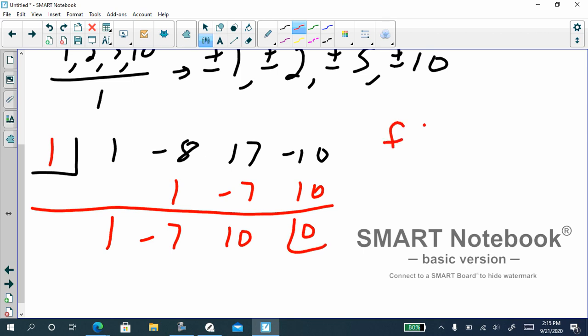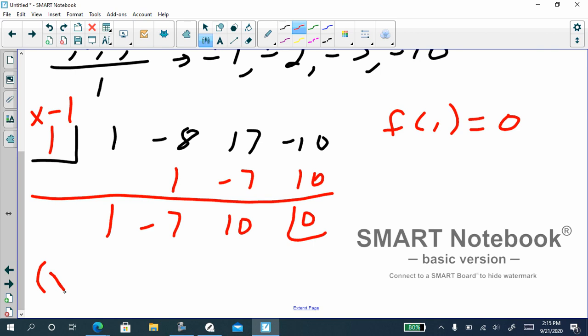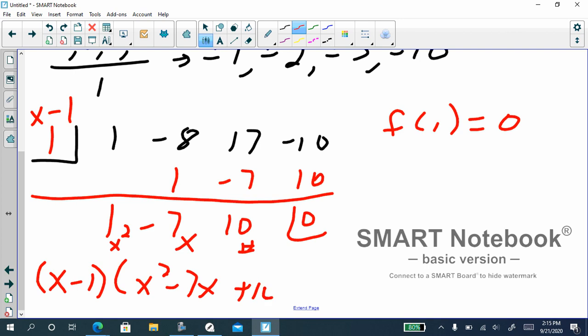When we plug 1 into this polynomial, it makes it 0. So that means x minus that number is the divisor or is a factor, and we can rewrite it as x minus 1 times the quotient, which is our number, x, and x to the second. So 1x squared minus 7x plus 10.